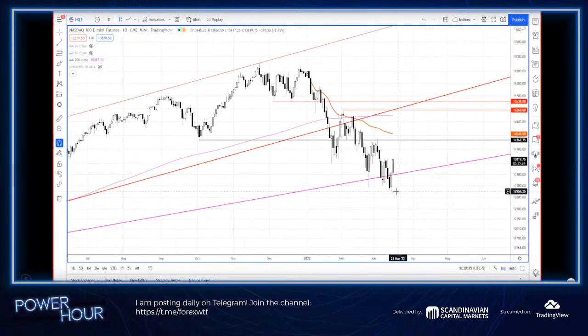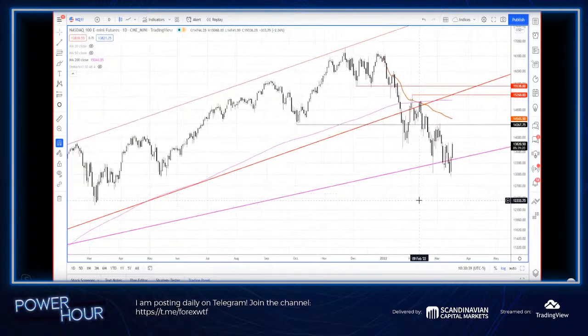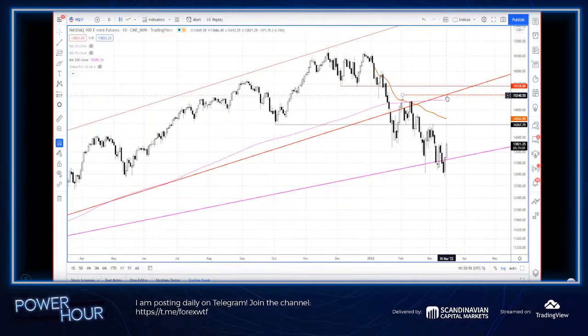And here we are holding up. Nice reversal yesterday. So I still stand by my call, or my opinion, that we do work higher, potentially all the way back towards 15 twos, 15 threes.